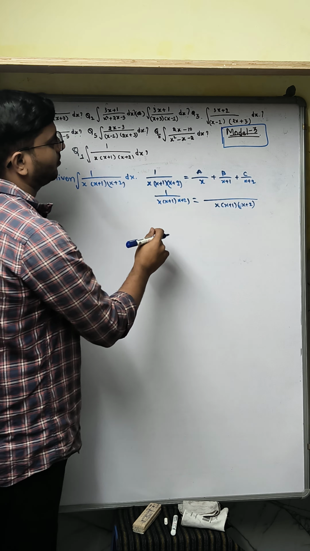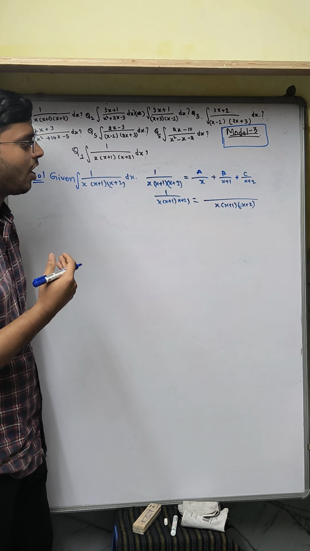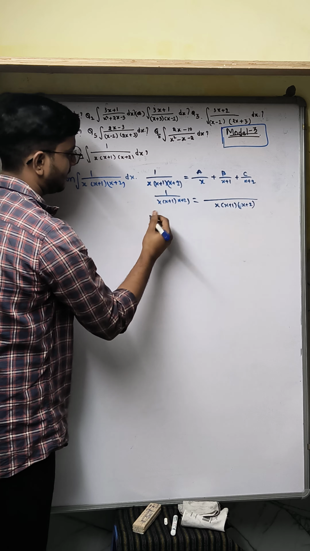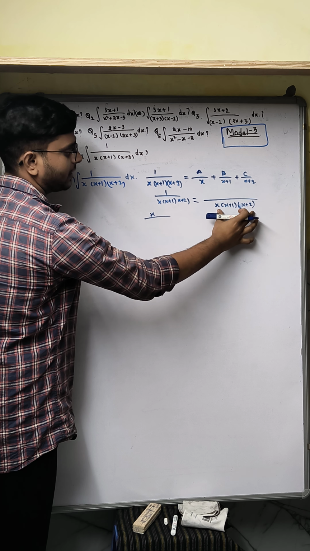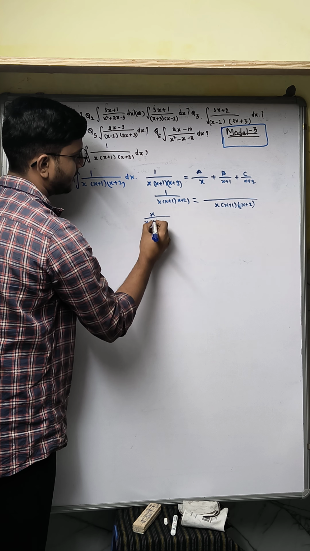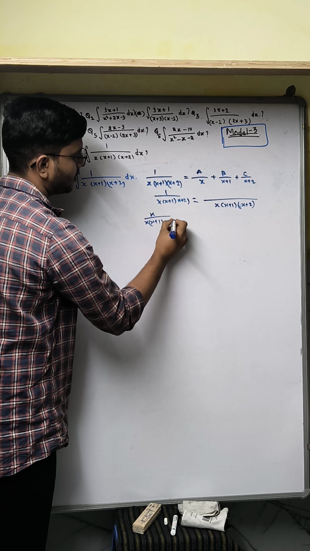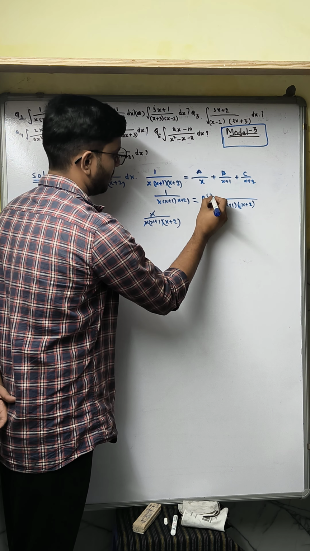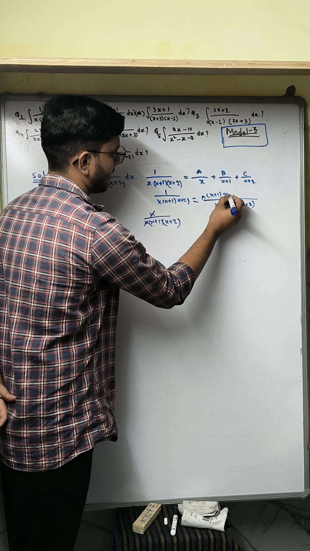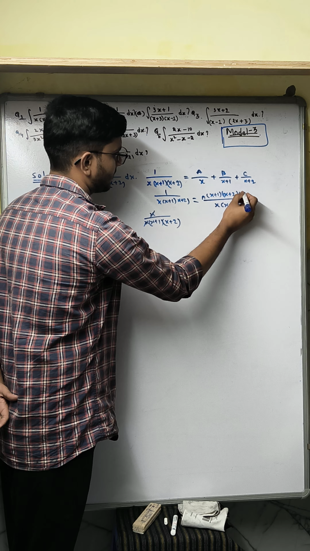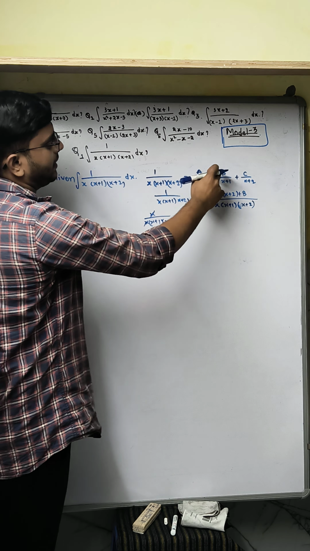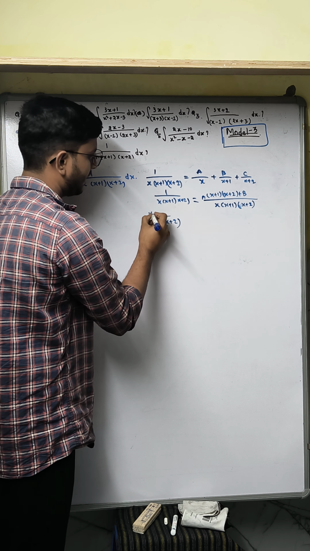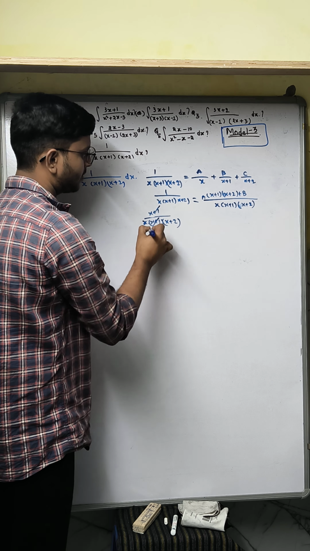Now the numerator. How we have to write the numerator, that is important. For A by x, what is the denominator here? x into x plus 1 into x plus 2. x cancels, so we can write A into x plus 1 into x plus 2, plus B. Now in the B term the denominator x plus 1 cancels.